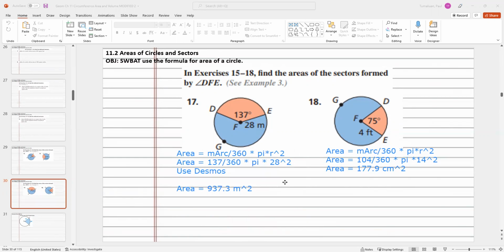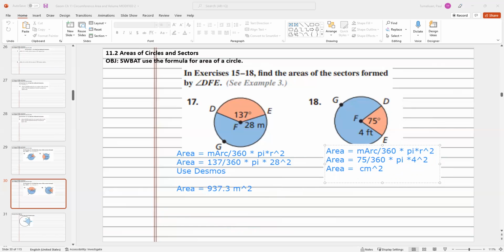And with this one, our radius is 4, and the central angle is 75. Let's plug that into the calculator. See how easy it is?